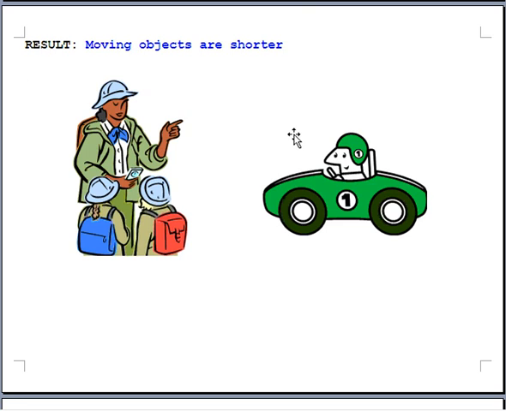The people, the trees you drive by, Manning Park Lodge, it would be skinny. Other cars passing by the other way would be skinny. His car would look normal. He would look normal in his point of view, but everything outside of the car would be skinny. So that's length contraction. It's crazy.